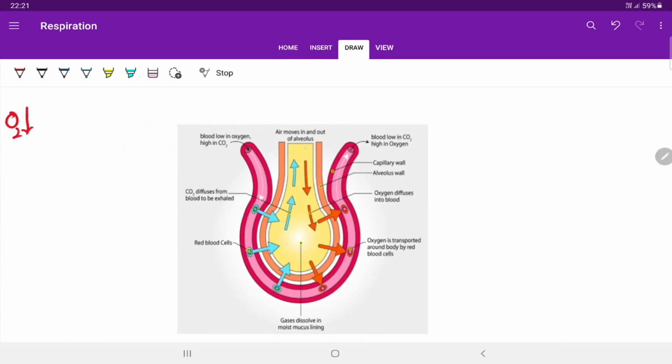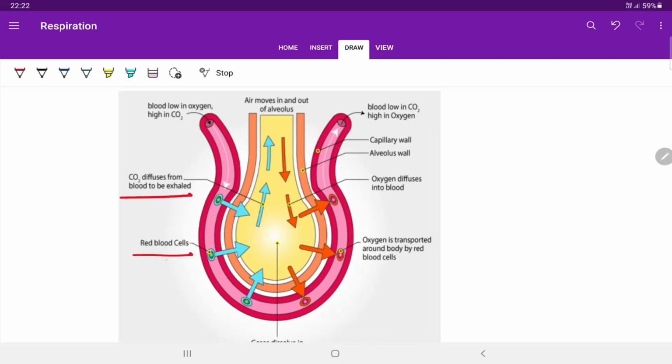Air moves in and out of the alveolus due to the higher concentration of oxygen in the atmosphere and low concentration of carbon dioxide in the atmospheric air. Just the opposite happens in the tissue fluid, high concentration of carbon dioxide in the tissue blood and the blood capillaries, and low oxygen content. So, easy diffusion takes place.